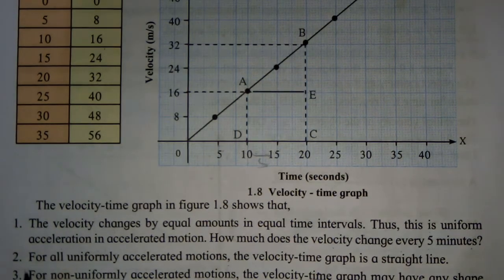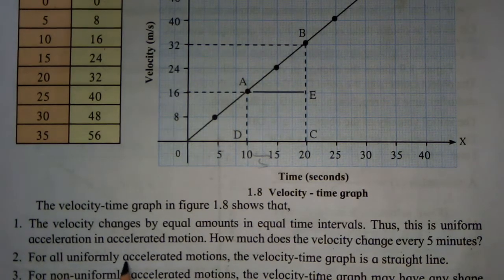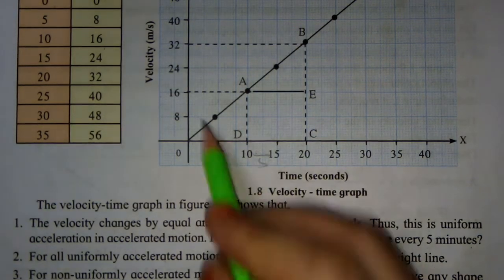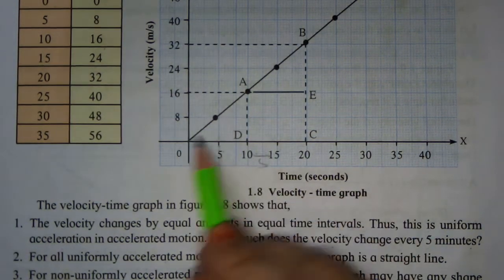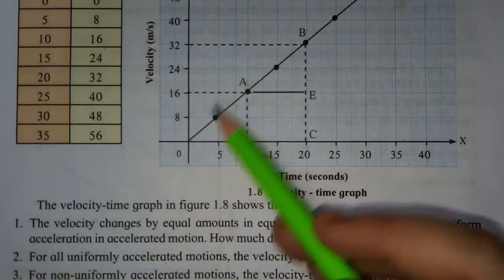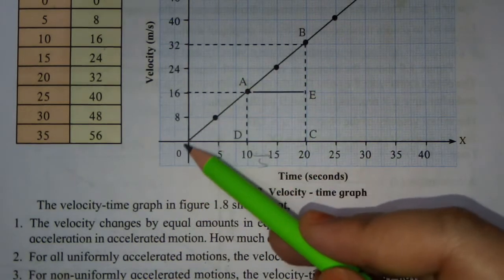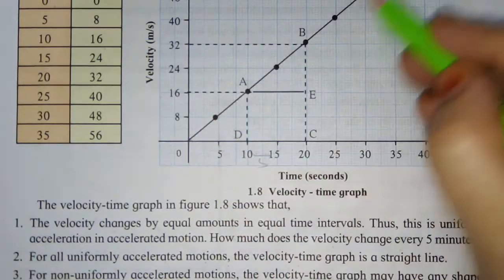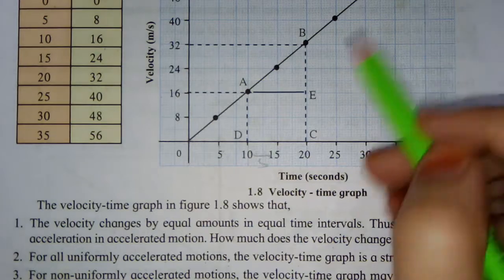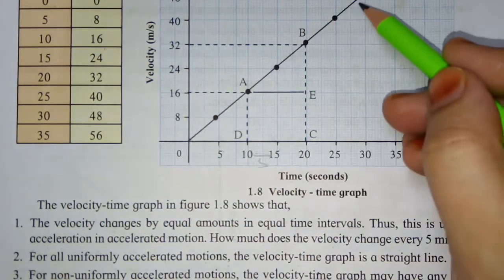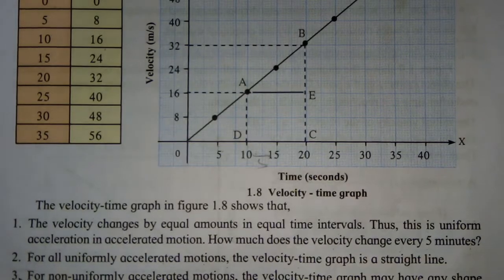Now next is point number 2. For all uniformly accelerated motions, the velocity time graph is a straight line. As the time increases, the velocity increases, and the graph is a straight line. This indicates that this is a uniformly accelerated motion.